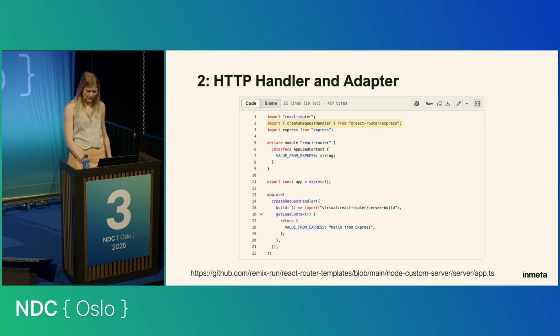And the package at the top there, React Router Express, is called an adapter. React Router handlers are server agnostic, and then the adapter is what makes them work for a specific server. By converting the server request into the Fetch API on the way in, and then adapting the fetch response coming from React Router into the server's response API. So that's what allows you to deploy React Router anywhere.